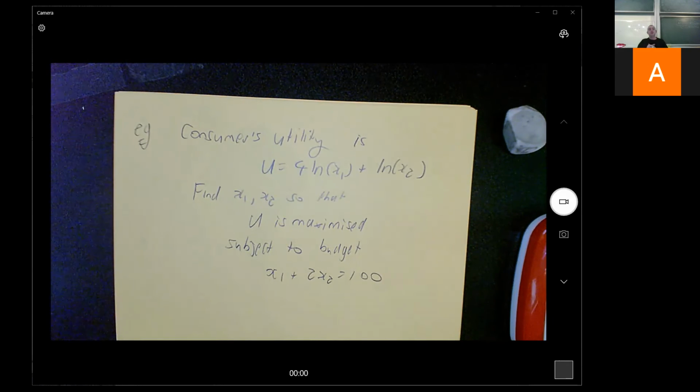There are many ways to do this. I'm imagining your lecturer is probably thinking Lagrange multipliers. Is that the Lagrange method? Is that a thing? Yeah, that's what we usually use. Okay.